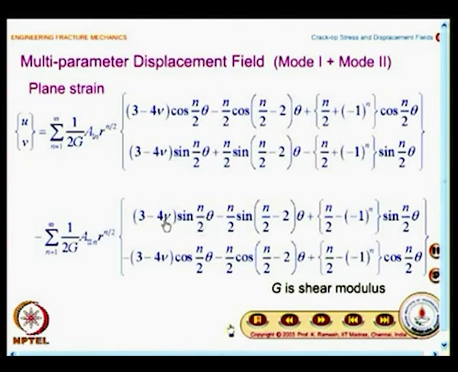Mind you, I read this as nu, do not confuse this as v. The font appears as if both are similar, there is only a subtle difference.